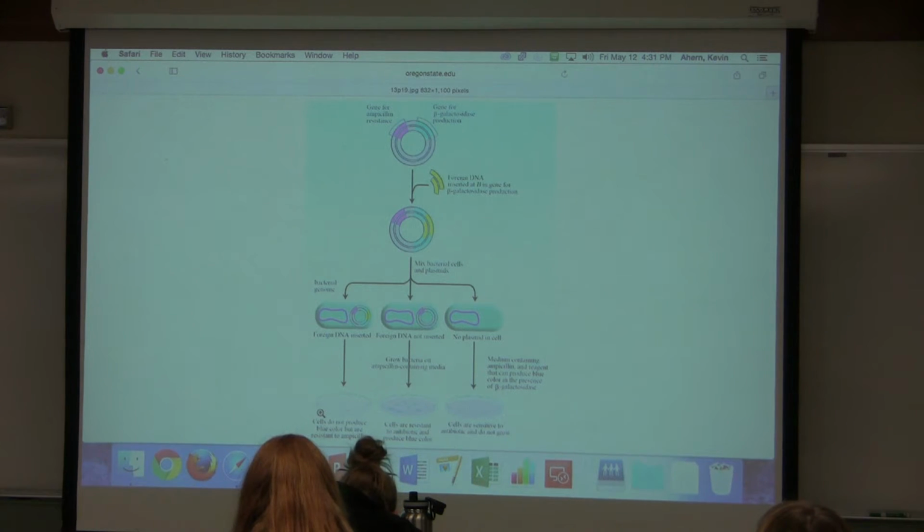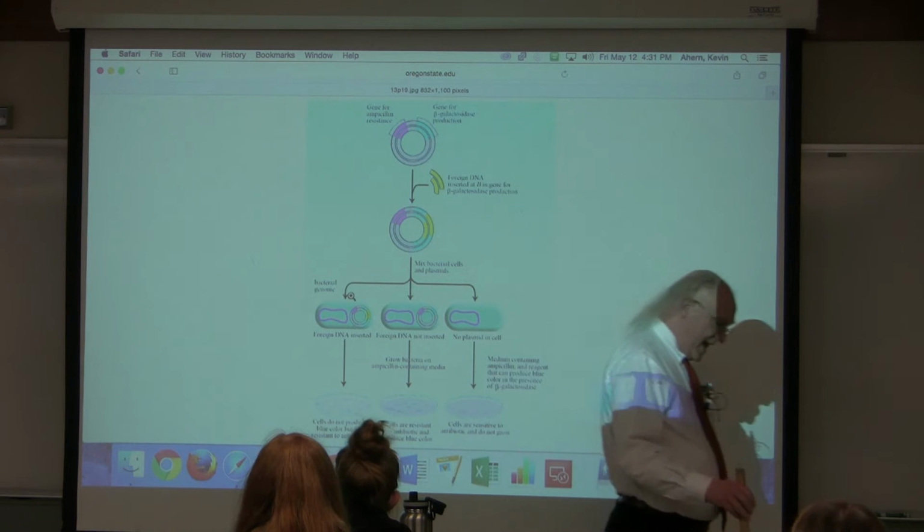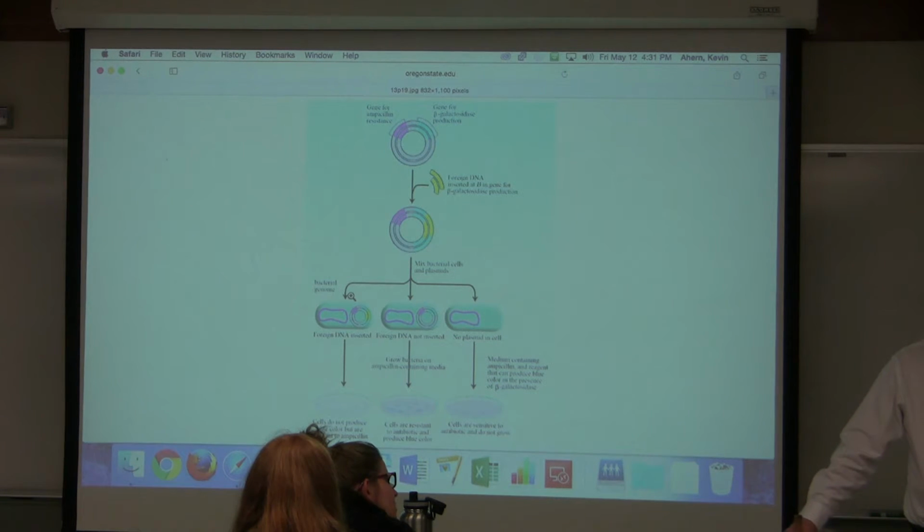The cells do not produce blue color, but are resistant. Okay, so I said it backwards. The problem is that X-gal, when it gets cut by beta-galactosidase, is blue. That's why I've got it all backwards.